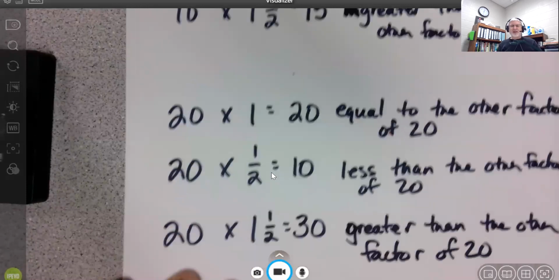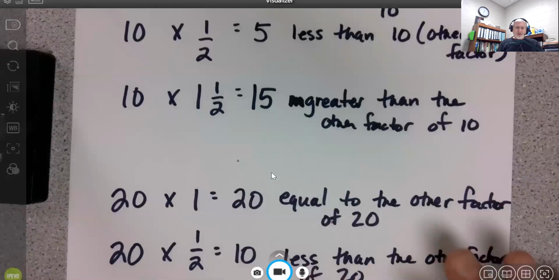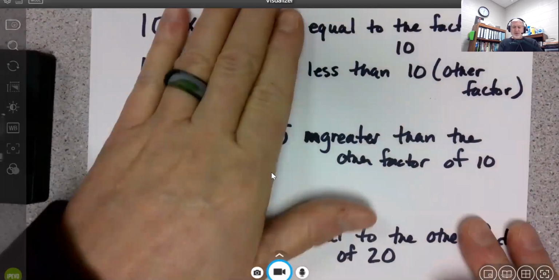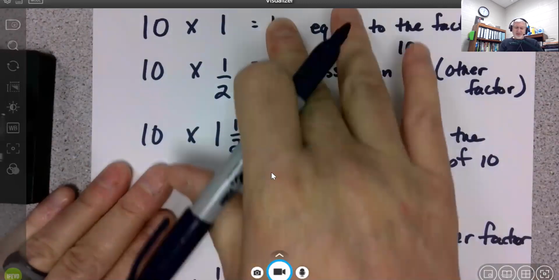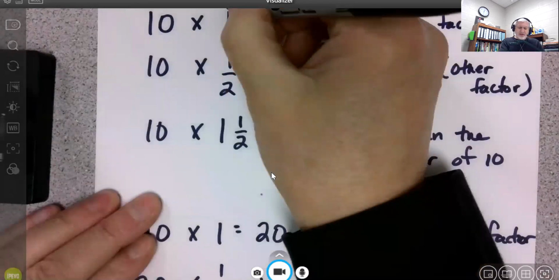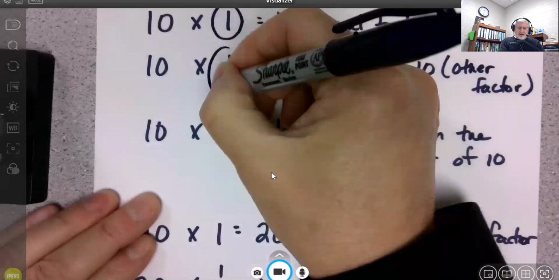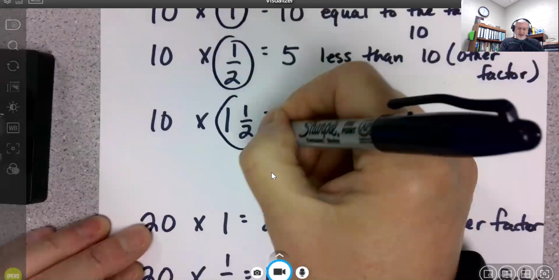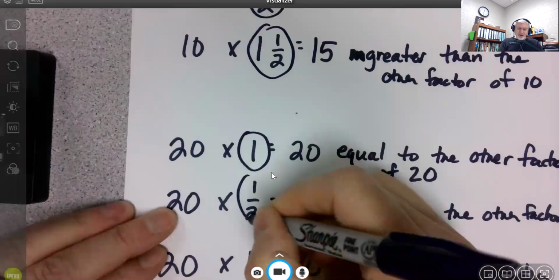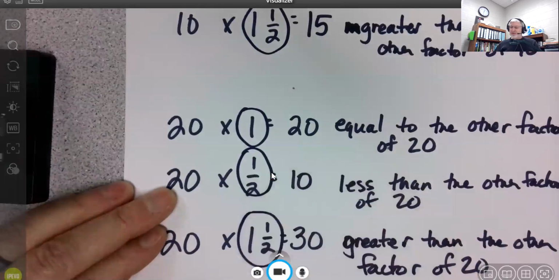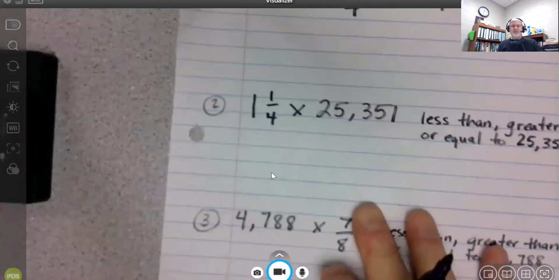Okay? So once we get the hang of doing this, we're not even going to have to know our answers because we're basically just looking at our other factors to see if it's less than 1, equal to 1, or greater than 1.